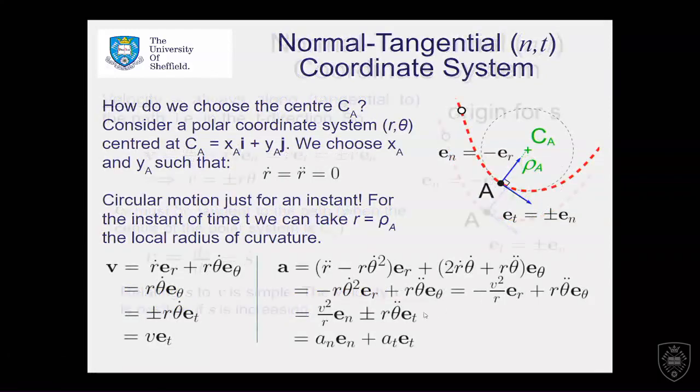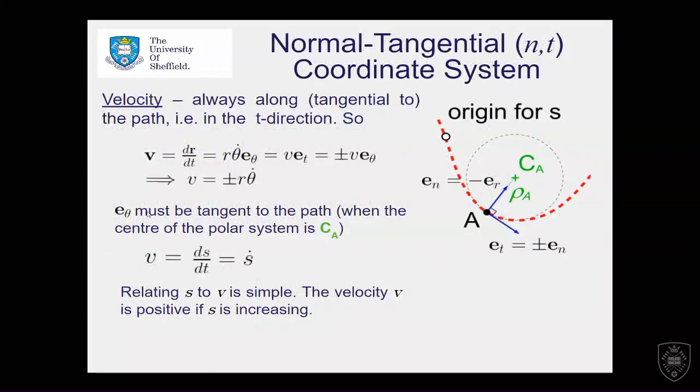E theta must be tangent to the path when the center of the system is CA. And we can see now that the magnitude of the velocity, r theta dot, should intuitively be the rate of change of your distance along the curve, right?